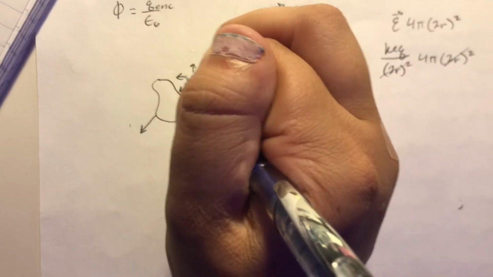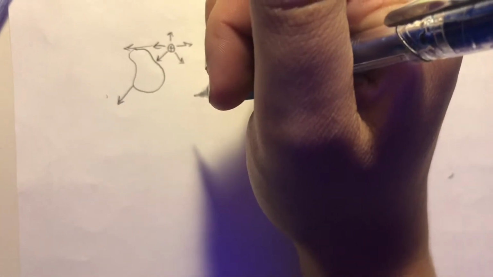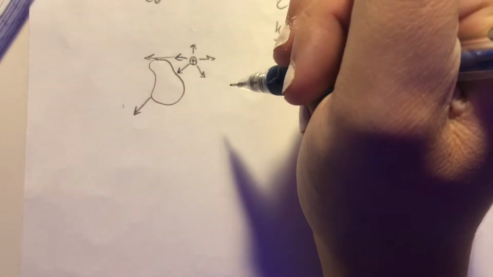The ones that enter the closed surface are also going to be exiting on the other side, so it's going to cancel out, and that's going to give us our 0 electric flux through this entire closed surface.